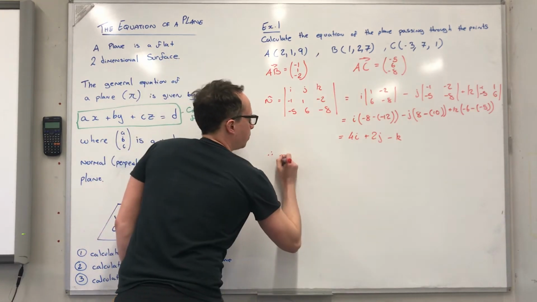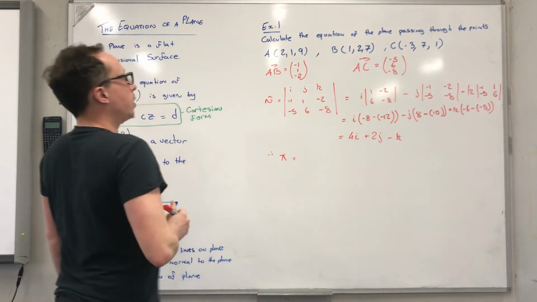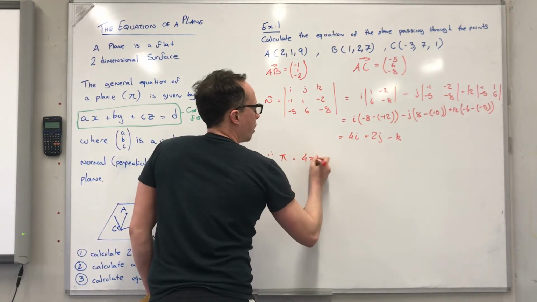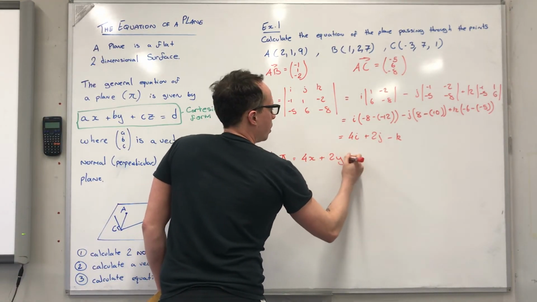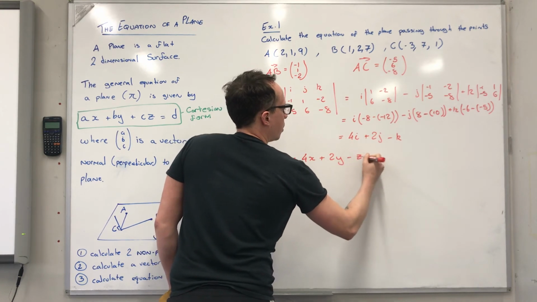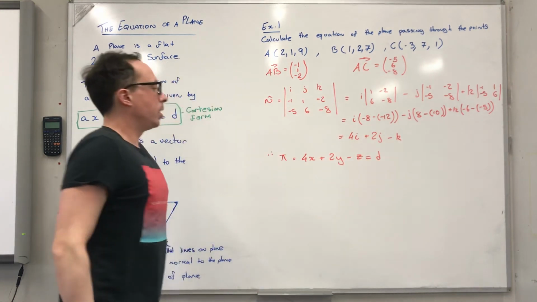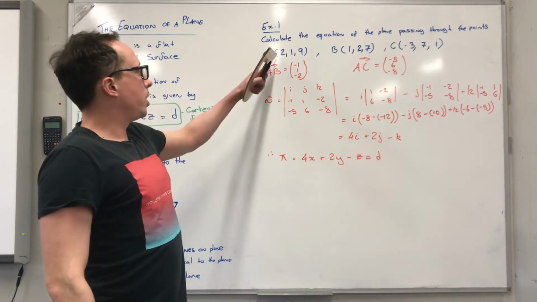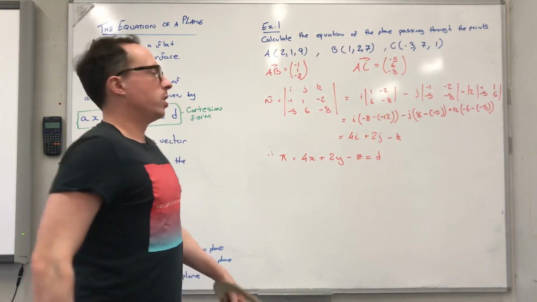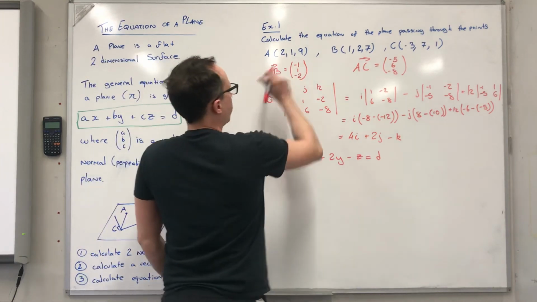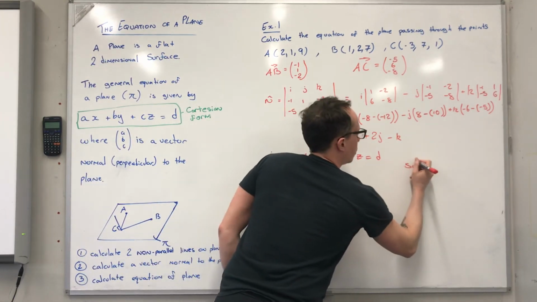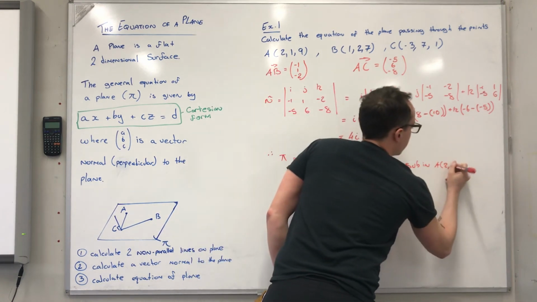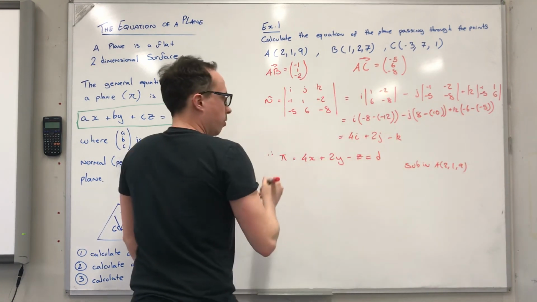Therefore the plane is going to equal ax plus by plus cz, so it's going to be 4x plus 2y minus z equals d. And now all we need to do to calculate d is substitute in one of the points that we know is on the plane. So I'm going to use point A. I'll sub that in.